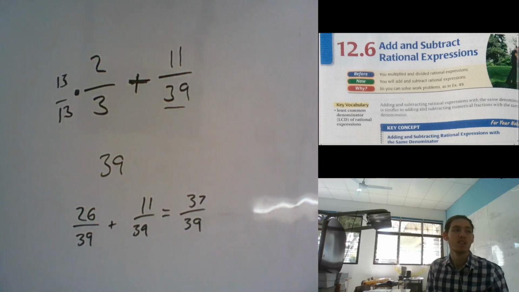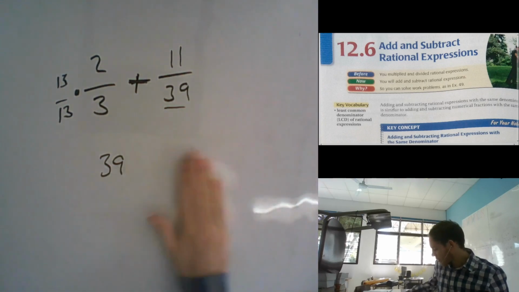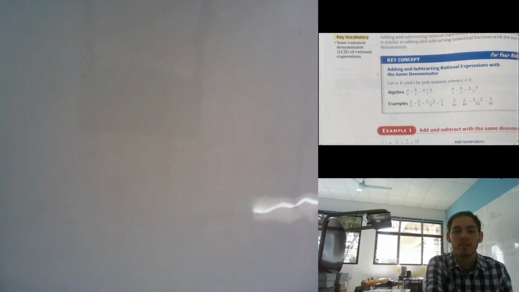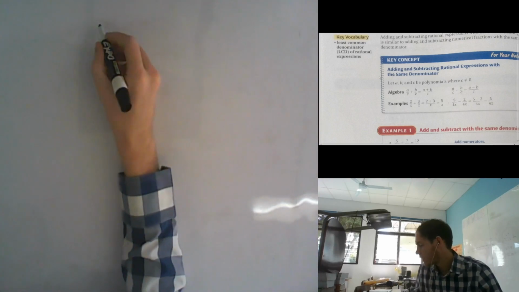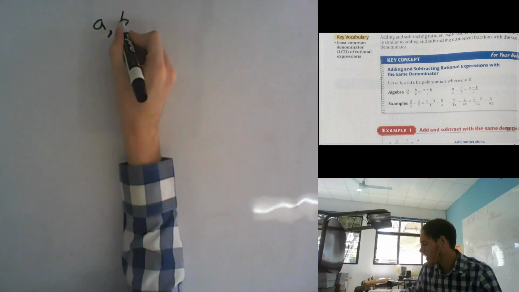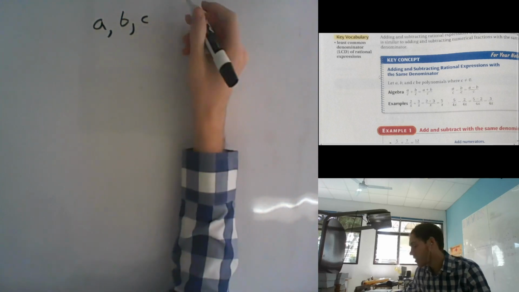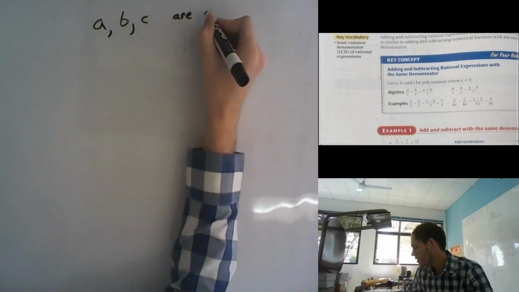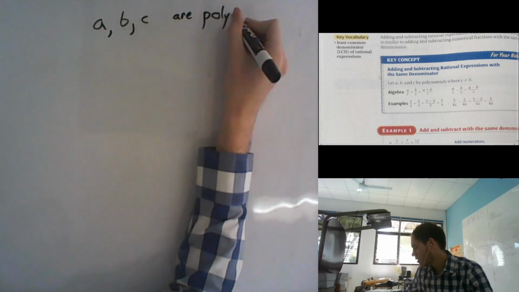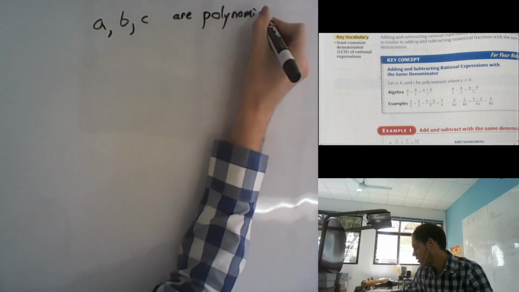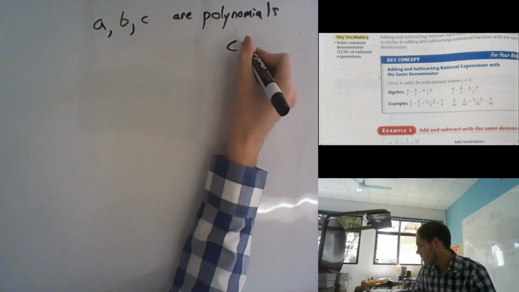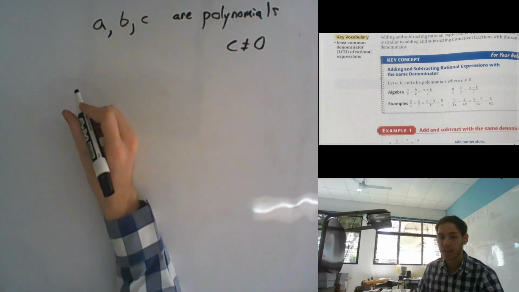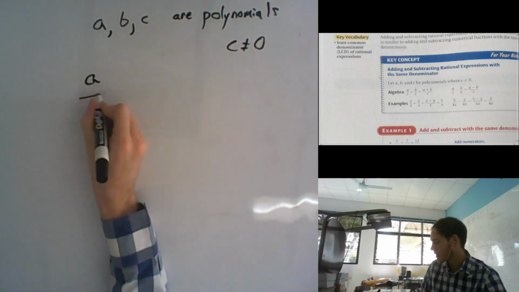Rational expression means we're dealing with x, with y, with z, with w, and with polynomials of all shapes and sizes. Okay? So, polynomials. If a, b, and c are polynomials, and c is not equal to 0, we're going to have c in the denominator.